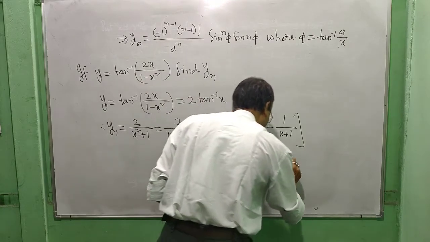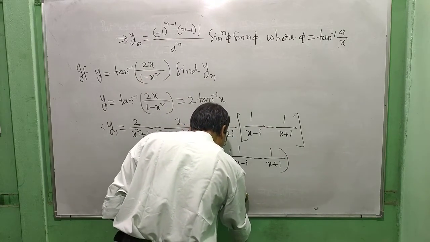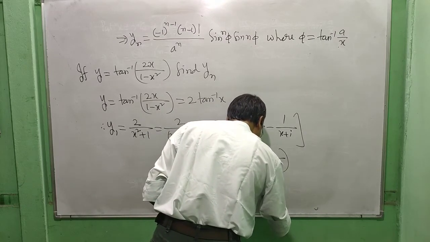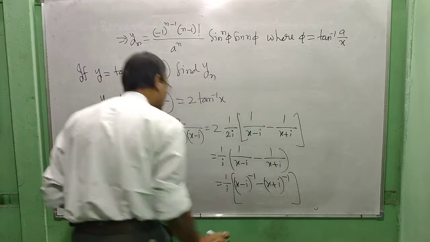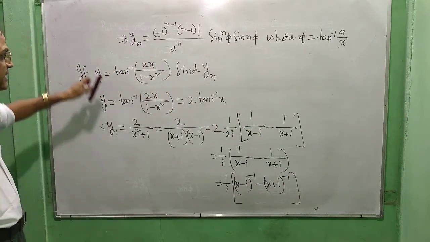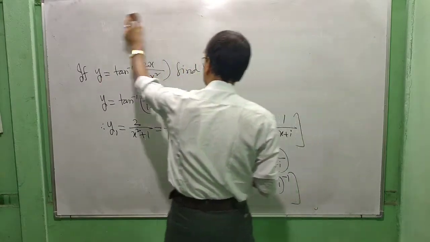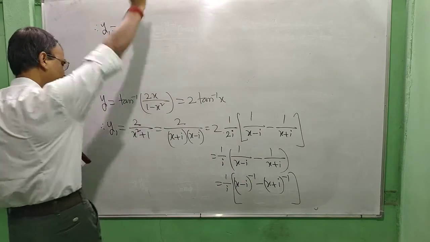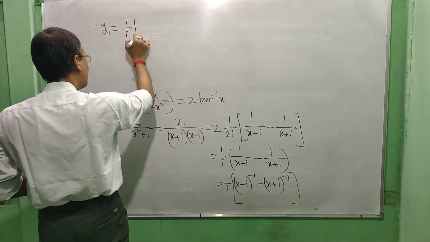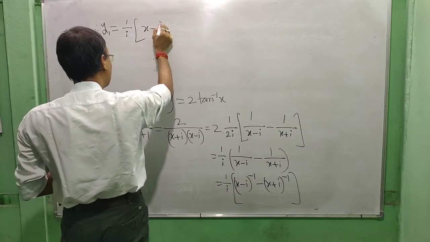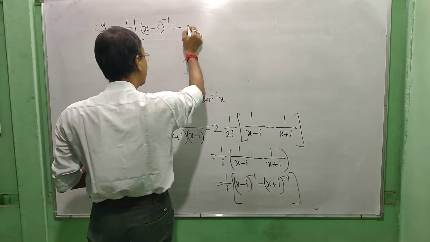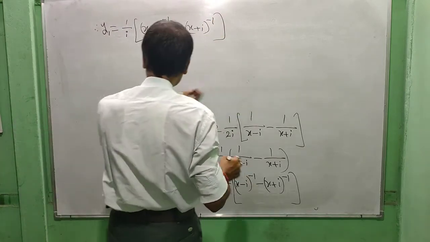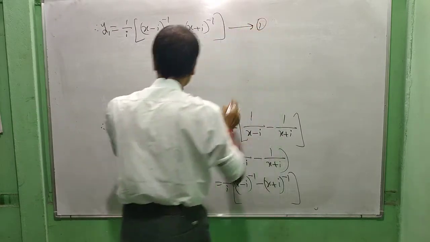Or simply you may write it as 1 by i, times (x minus i) to the power minus 1 minus (x plus i) to the power minus 1. Suppose this is number 1.